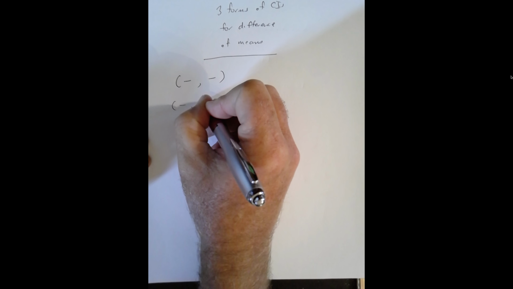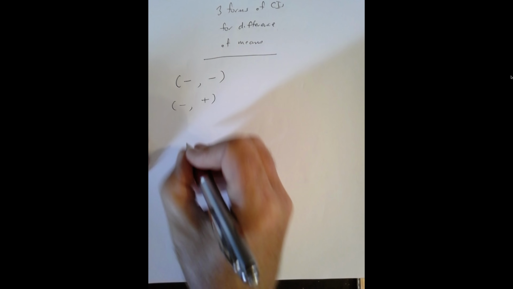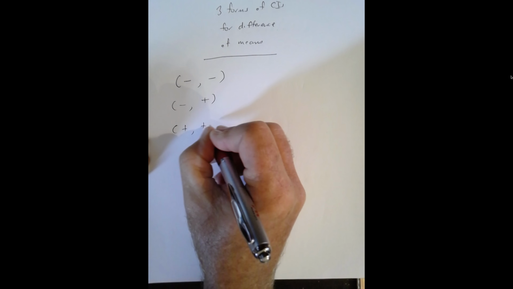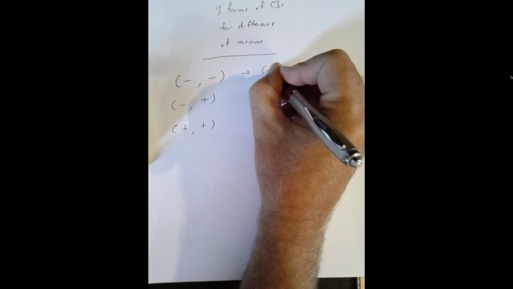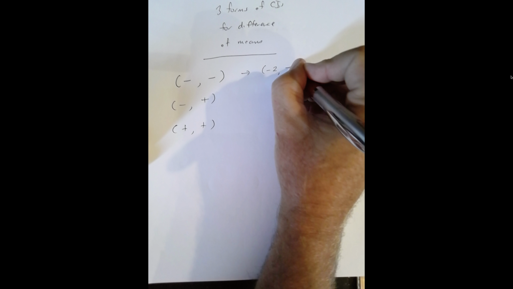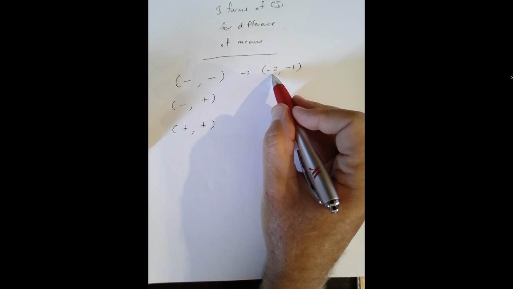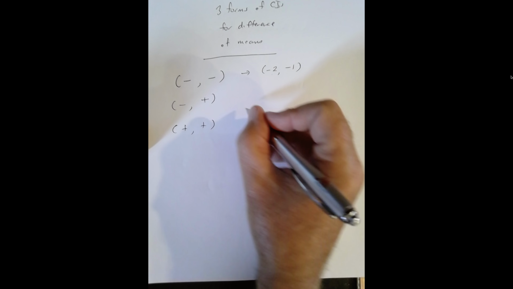is we have negative, negative, negative, plus, or plus, plus. An example of this would be something like negative 2 to negative 1. Again, the left number has to be smaller than the right number.